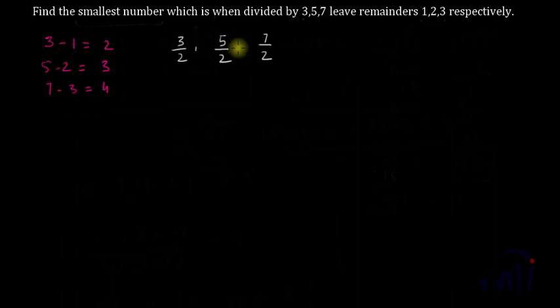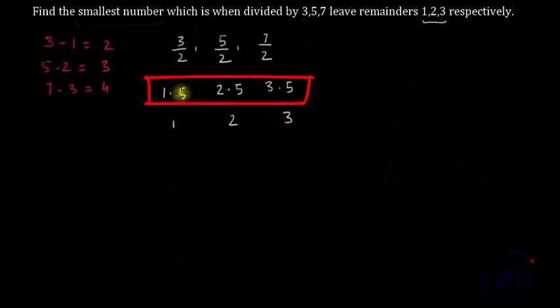So 3 by 2, 5 by 2 and 7 by 2 are factors of 3, 5 and 7, and if I write them in the form of decimals, 3 by 2 can be written as 1.5, 5 by 2 can be written as 2.5, and 7 by 2 can be written as 3.5. And here you can see that all these remainders 1, 2 and 3 are less than these factors of these given numbers, right?